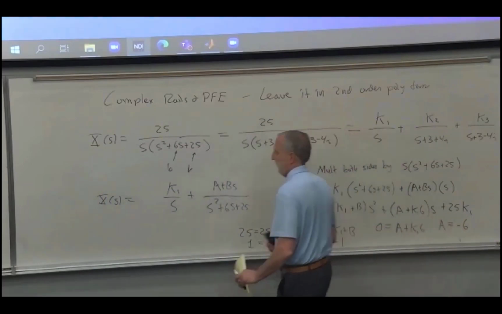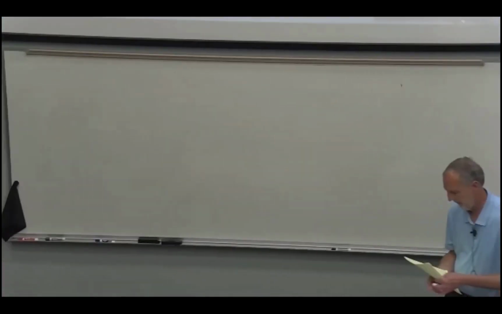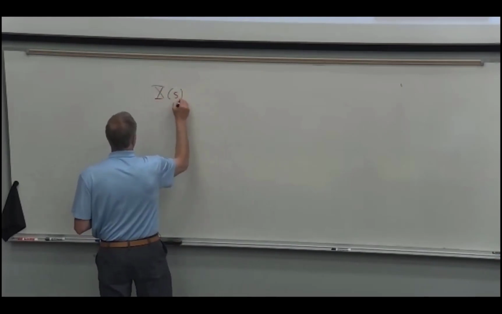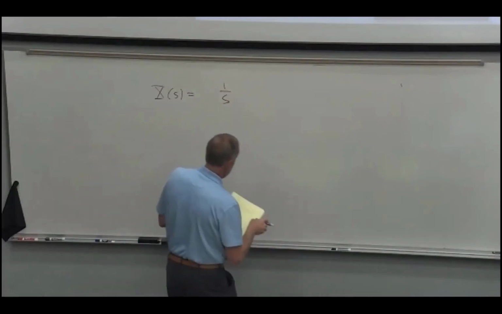Nice. X of S is 1 over S because K1 was 1.